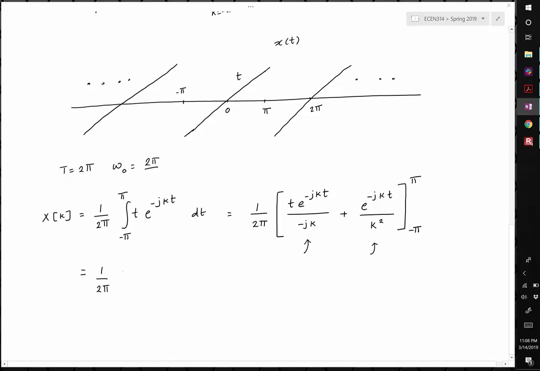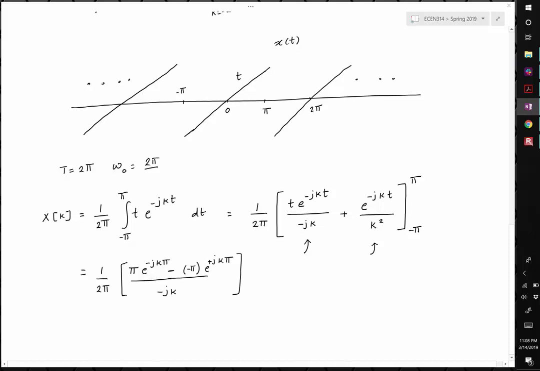You get 1 over 2 pi, and if I try to plug in the limits for the first term, notice that I get pi times e to the negative j k pi minus negative pi times e to the positive j k pi divided by negative j k.